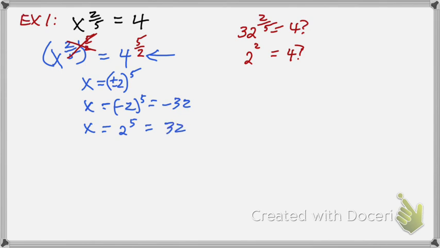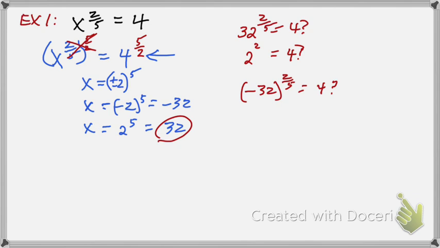So let's check this thing. Will negative 32 work? Does that equal 4? So we know this one worked right here, the positive 32, because we checked it. But we didn't check this one.